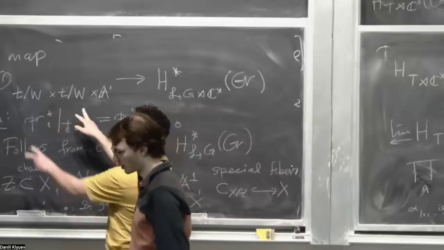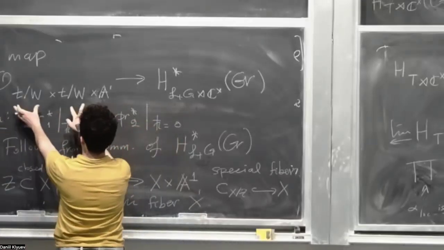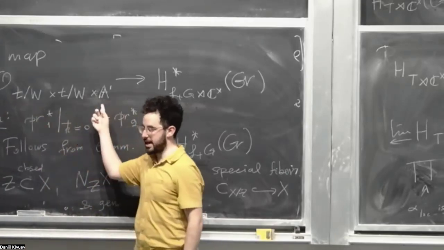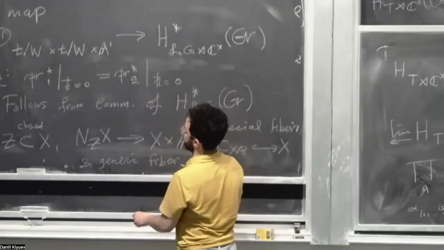And which one was the isomorphism? No, this one. We have a map from this product, and then we restrict it to, instead of taking the entire product over 0, we take the normal cone to the diagonal. And the statement is that after doing that, you get an isomorphism.